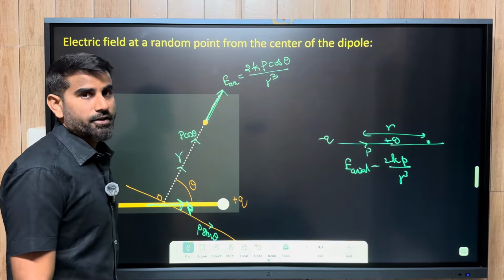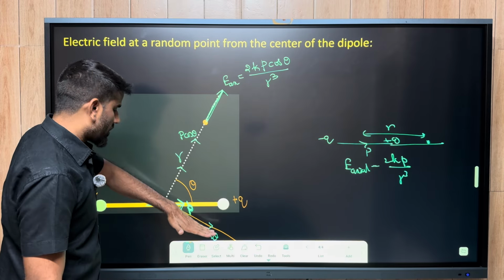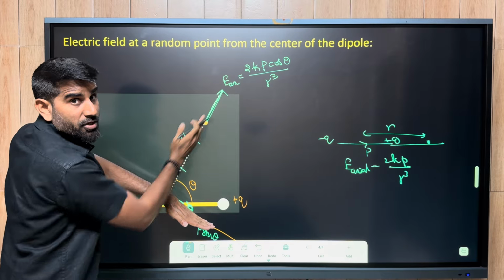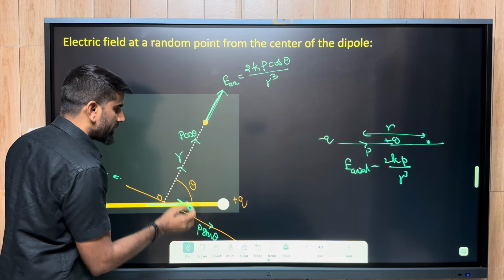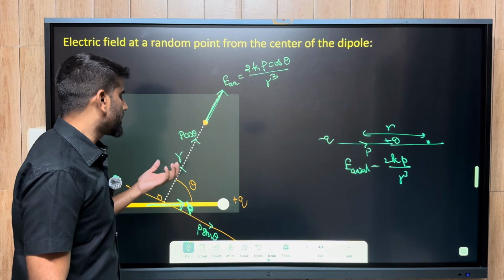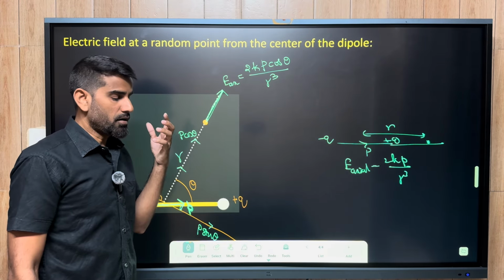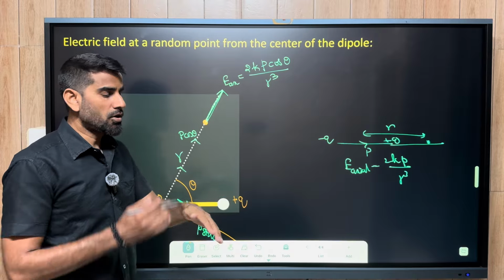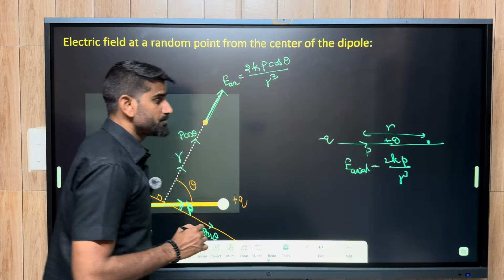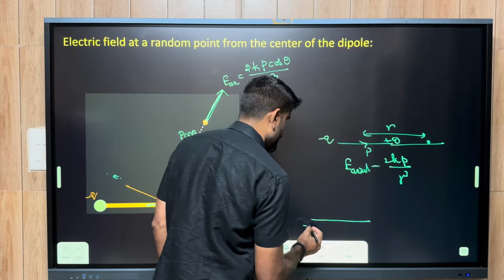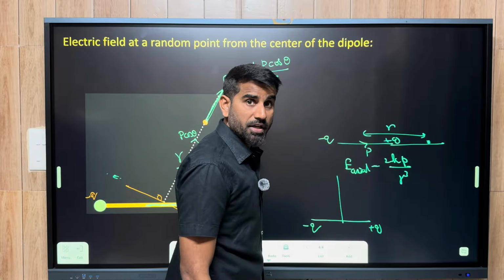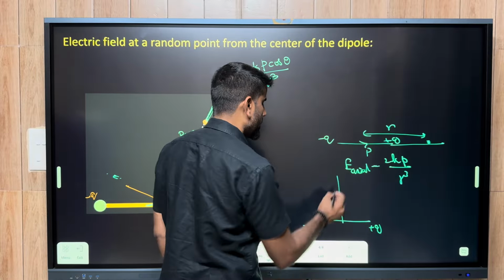Now let us look at the perpendicular line. As this is one dipole and R is perpendicular to this dipole, this system can be considered a similar case of the electric field along the equatorial line of a dipole. As we all know, minus Q, plus Q, and this is the perpendicular bisector, the equatorial line.